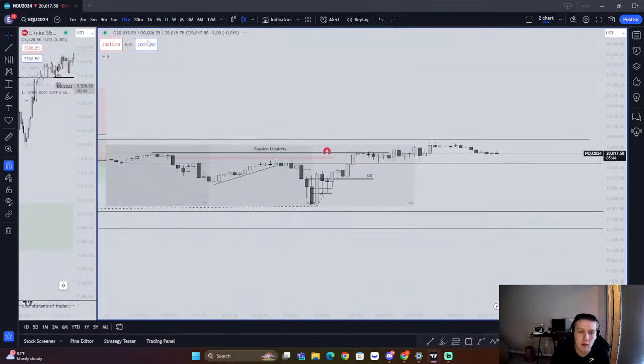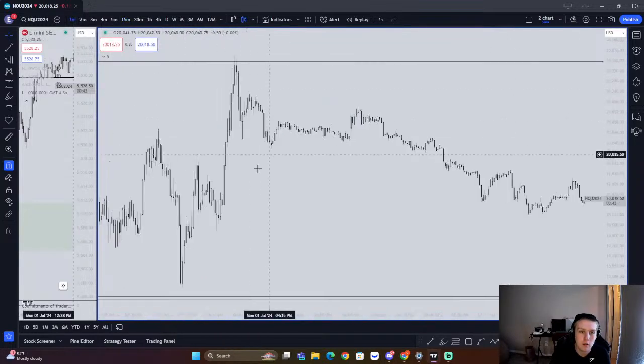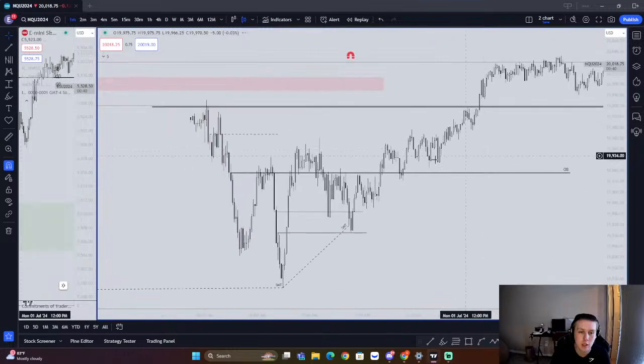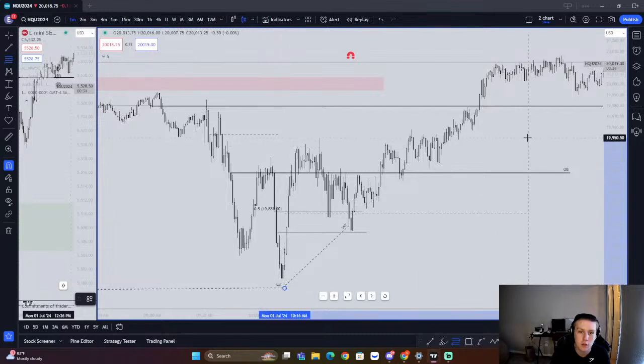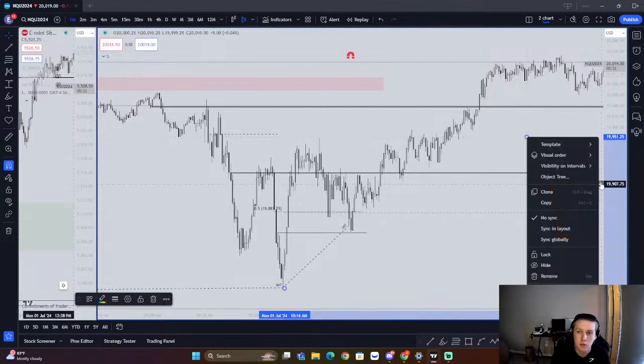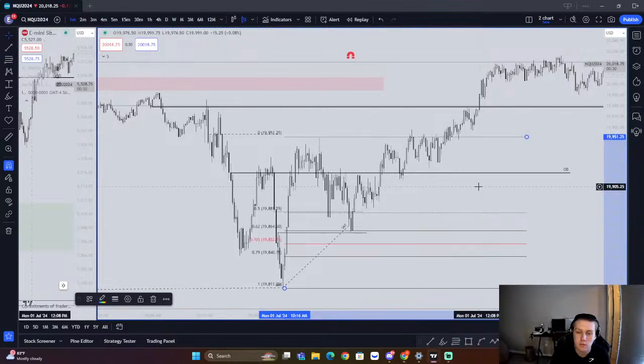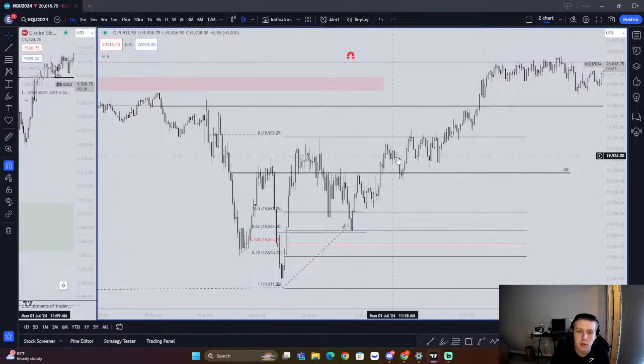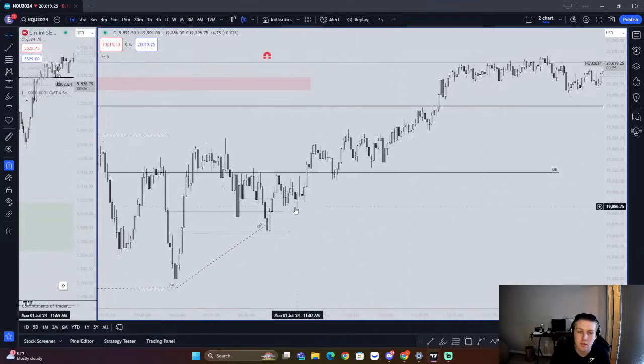And if we look at the 1 minute, we're getting displacement out. Let's see. Fib, probably OTE. Yeah, OTE right there. Displacement. Another fair value gap.